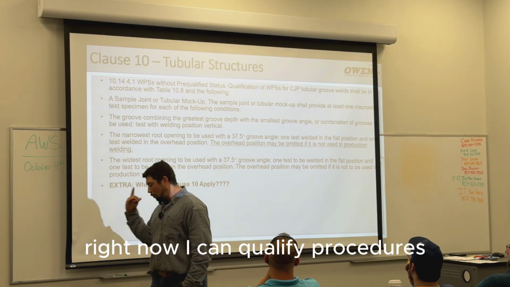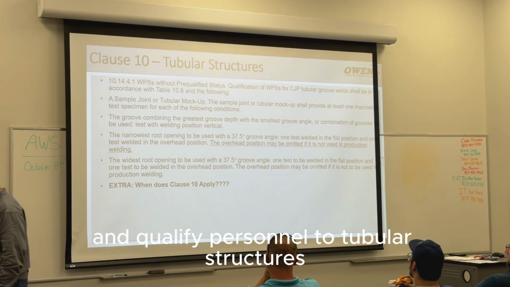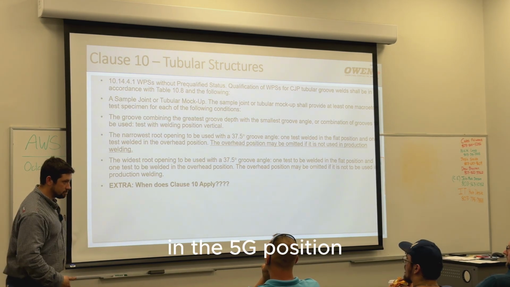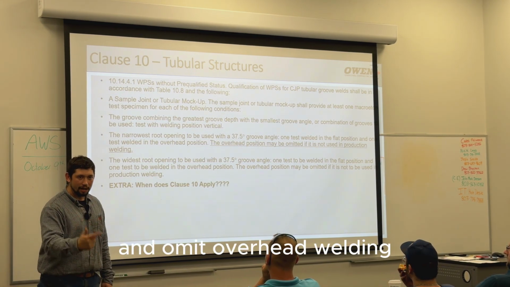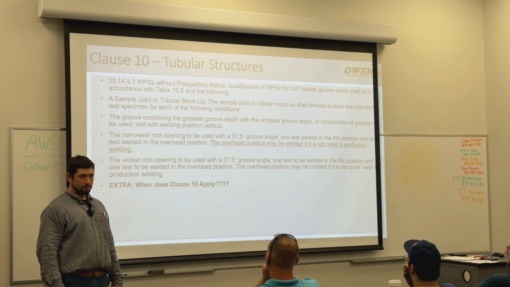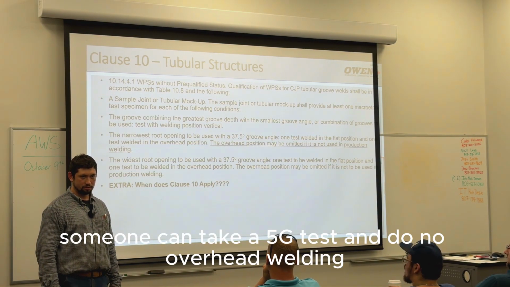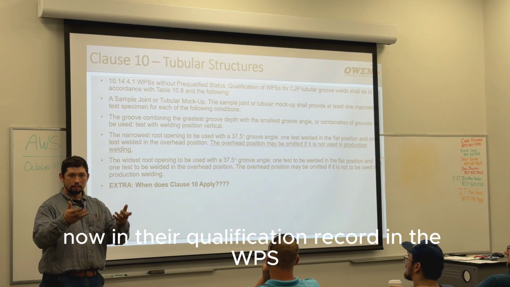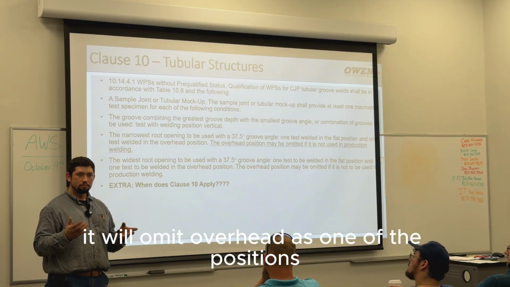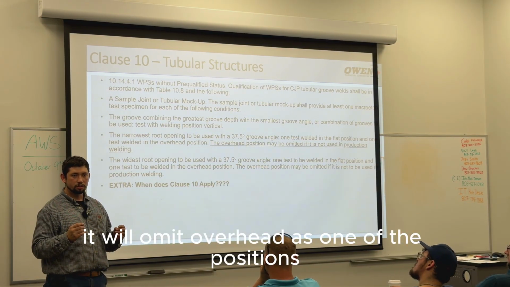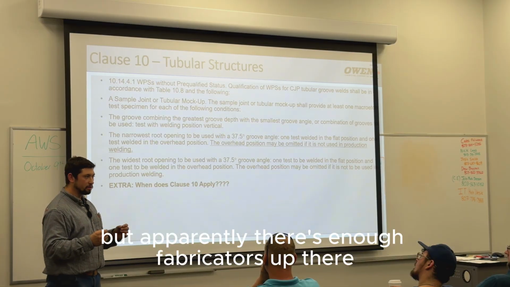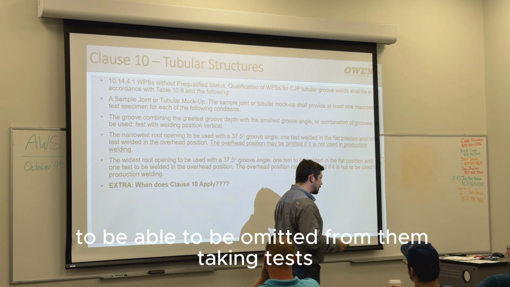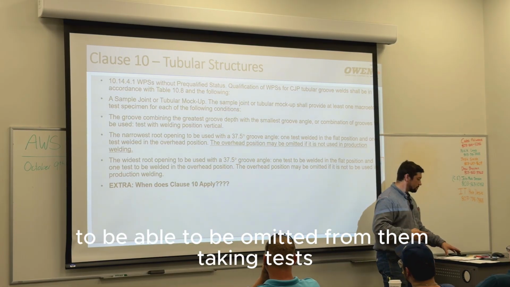Now, I can qualify procedures and qualify personnel to tubular structures in the 5G position and omit overhead welding. Someone could take a 5G test and do no overhead welding. Now in their qualification record, in the WPS, it will omit overhead as one of the positions, but apparently there's enough fabricators up there that lobbied for overhead welding to be able to be omitted from them taking tests.